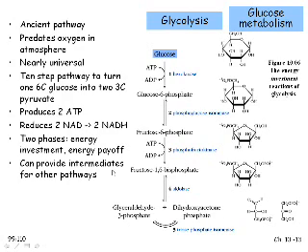Glycolysis overall is a 10-step pathway, and its job is to take a 6-carbon glucose and split it into 2 molecules of pyruvate, which is a 3-carbon molecule. And in the process of splitting it into 2 3-carbon pieces, it's going to produce 2 ATP. It's also going to reduce 2 molecules of NAD to NADH.